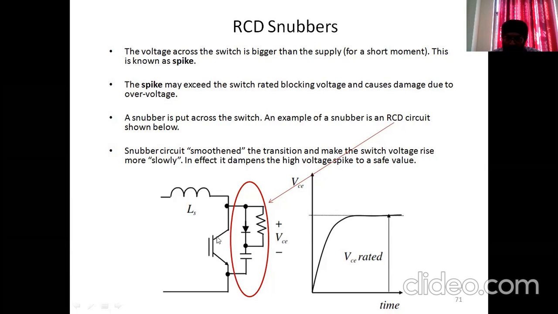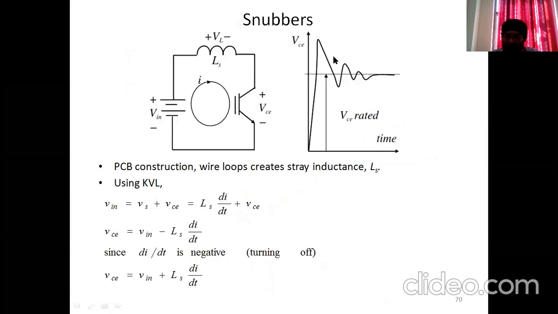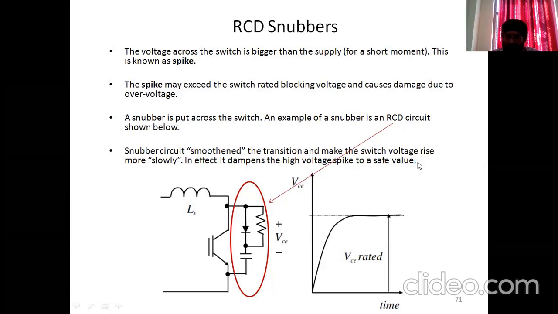So the current will not follow this path. Current will follow this path and it starts to charge this capacitance. So whatever surge we have over here is applied to this capacitor, which was initially uncharged, and now it becomes charged.